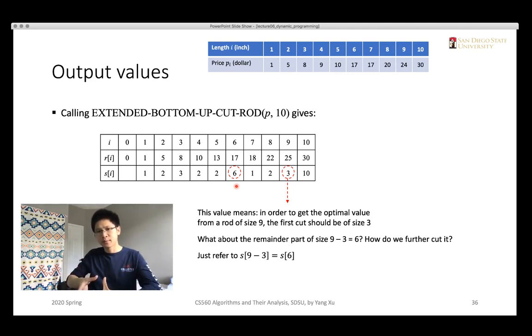The first cut is at length 6, so that basically means not cutting it. Similarly, for an input length of 10, S of 10 is 10, which means not cutting it, because not cutting gives us the best price.